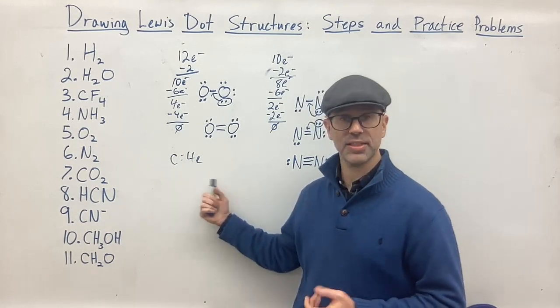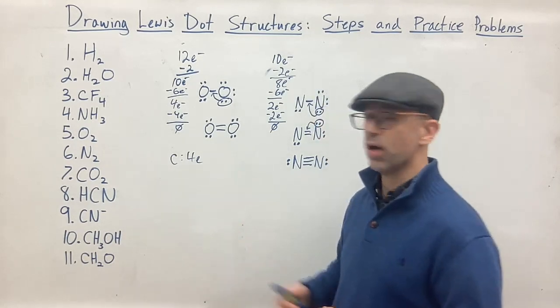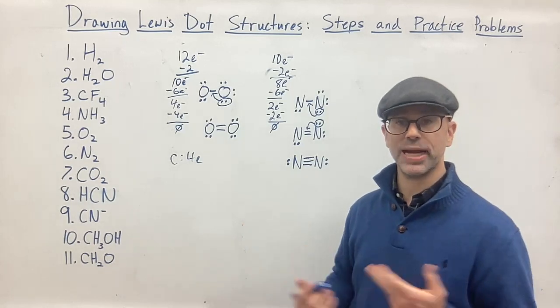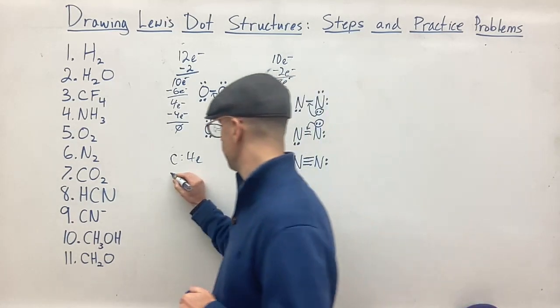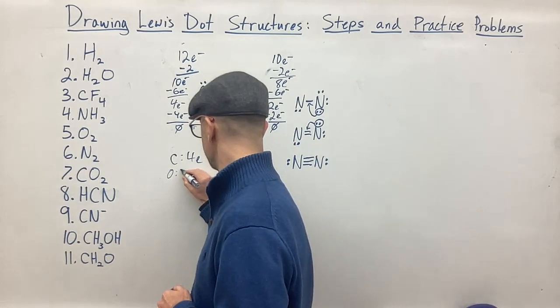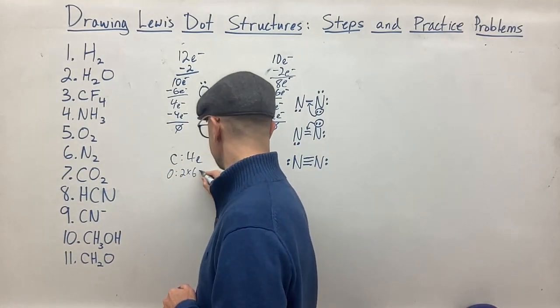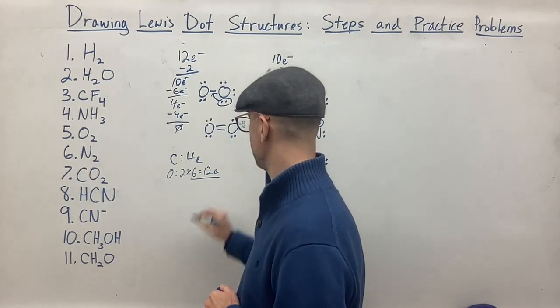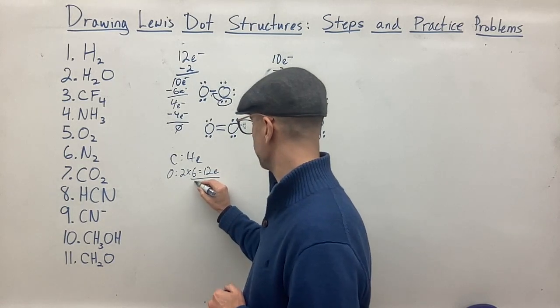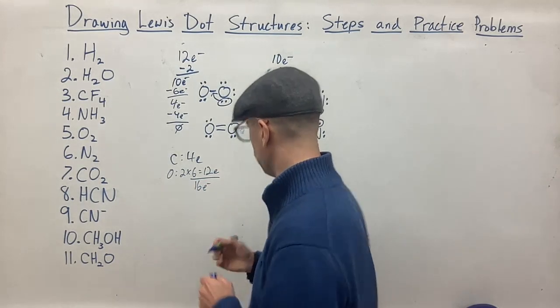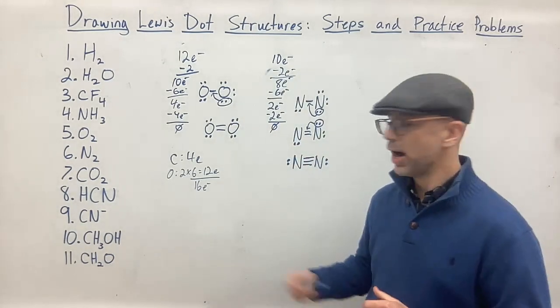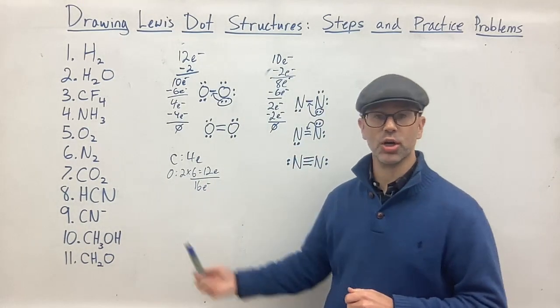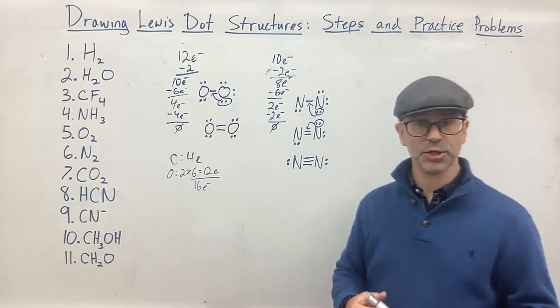So 2 times 6 is 12. Add those together, and 12 plus 4 is 16 total valence electrons. So I have 16 valence electrons to work with for my carbon dioxide molecule.